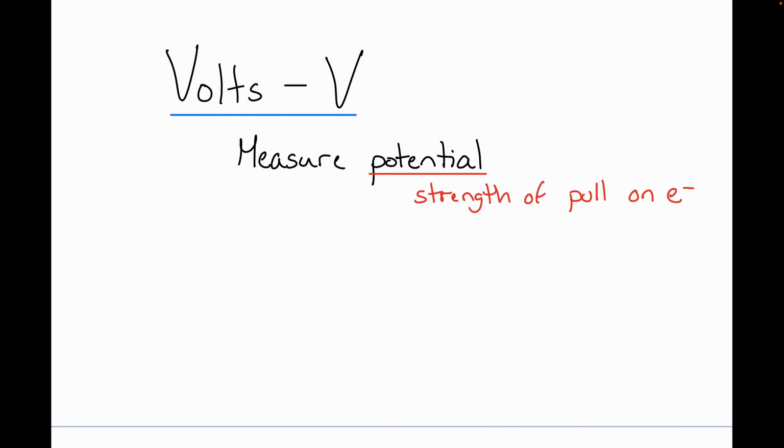And a volt is defined in units of joules per coulomb. So by strength of that pull, we really mean the energy pulling those electrons.